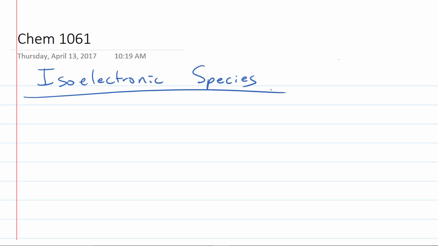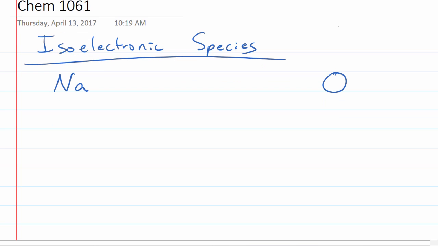Well, let's work with these two elements right here. We're going to work with sodium and oxygen. And let's write out the electron configuration for the sodium and the oxygen. It'll be helpful if you have these in pencil. If you have them in pen, you're going to have to cross some stuff out, which is fine. Let's write the complete electron configuration for sodium and oxygen.